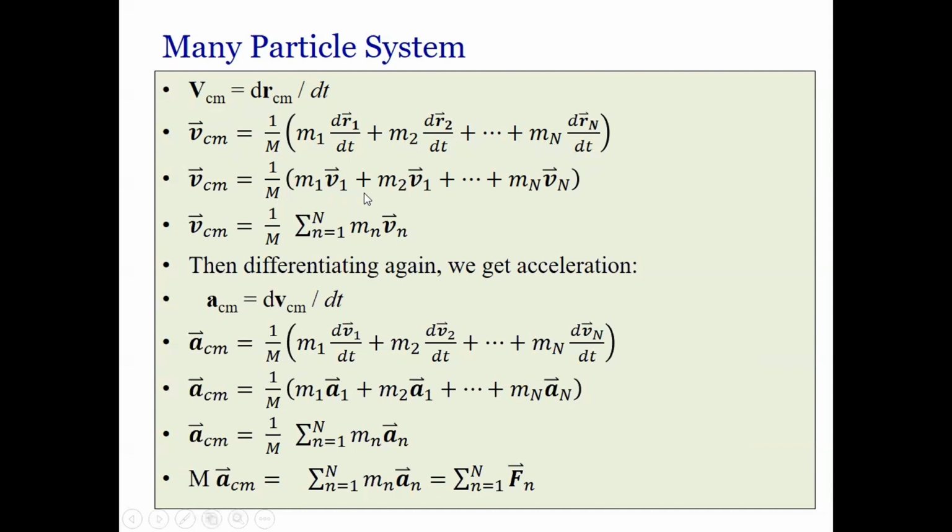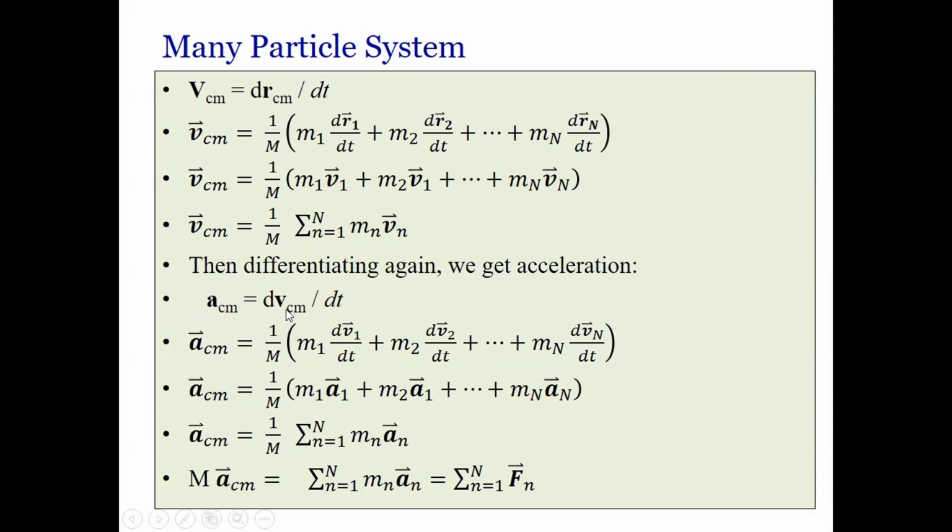Or in the form of velocities, we can write m1 v1 plus m2 v2 plus m3 v3, and so on, divided by the total mass. In abbreviated form, we can write it as the sum of mn vn, and 1 divided by the mass. So if we differentiate the above, we can find out the acceleration.